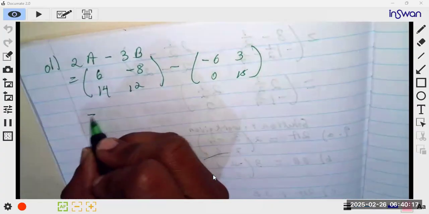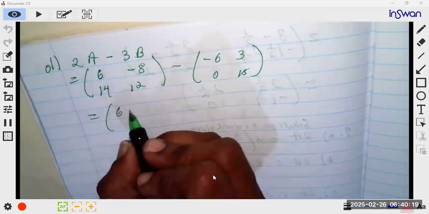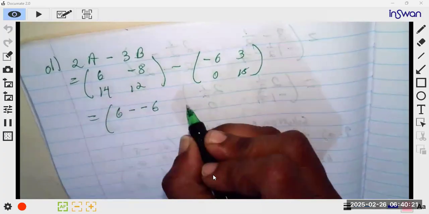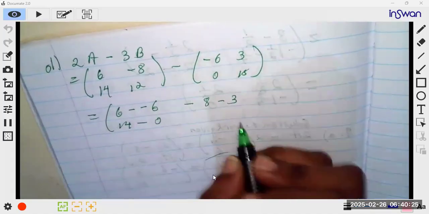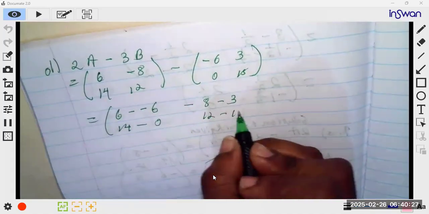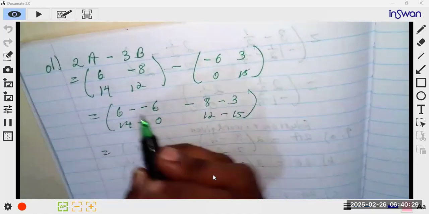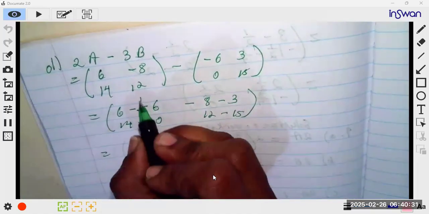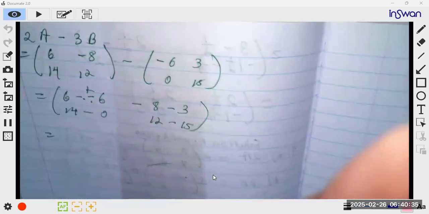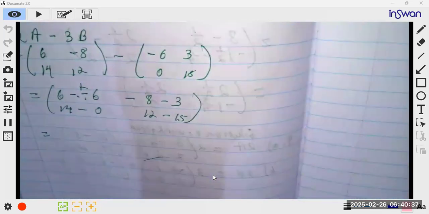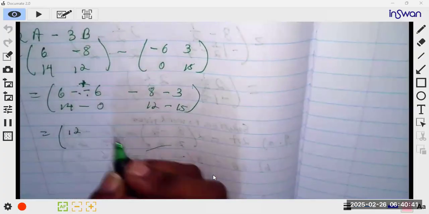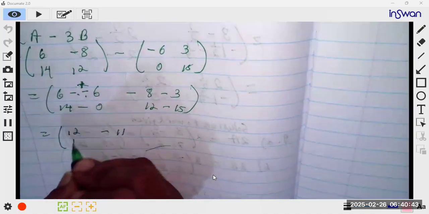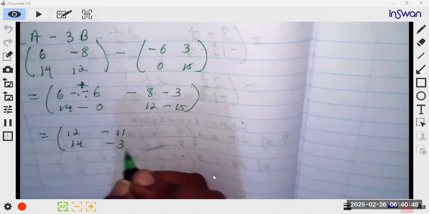So this will be equal to 6 minus 6, minus 8 minus 3, 14 take away 0, and 12 take away 15. Negative by negative is a positive, right? So what you got was 12, minus 11, 14, and negative 3.